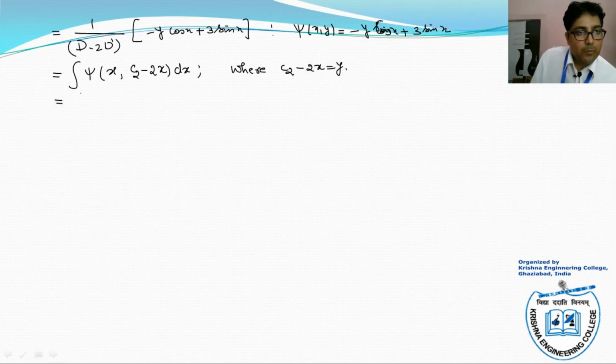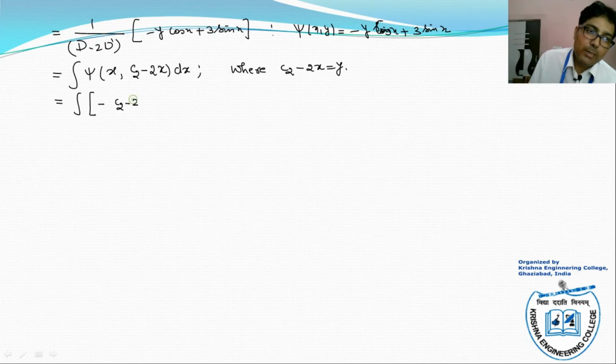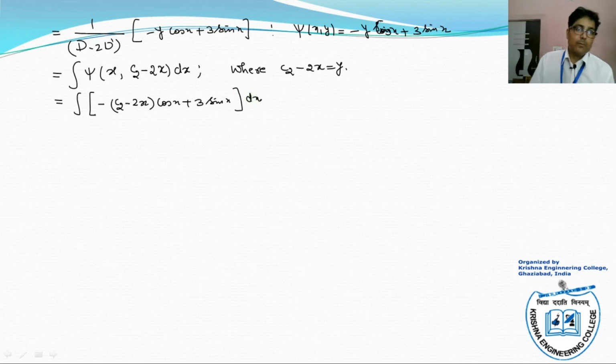Now put the value of this: minus, replace y by c2 - 2x, then this becomes (c2 - 2x) cos x plus 3 sin x into dx.